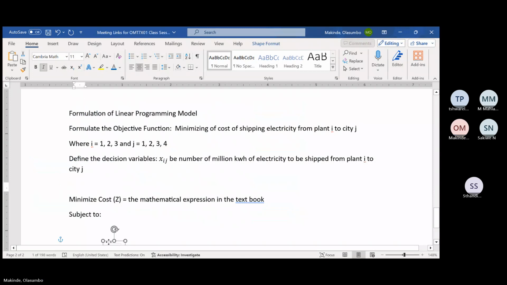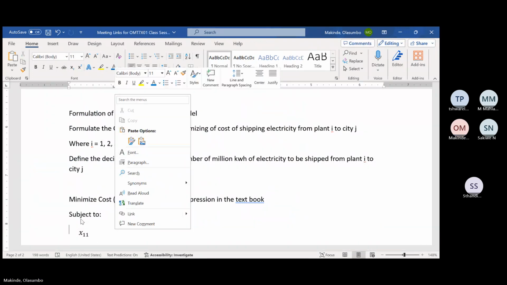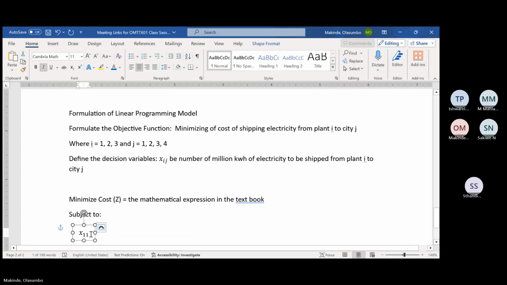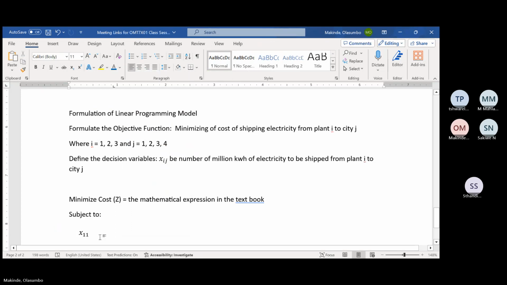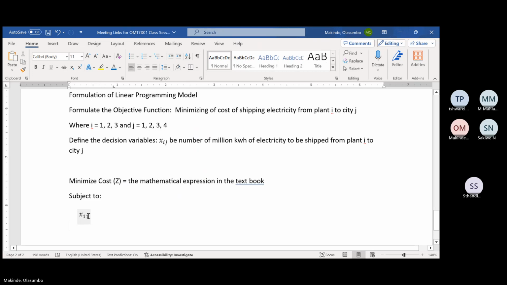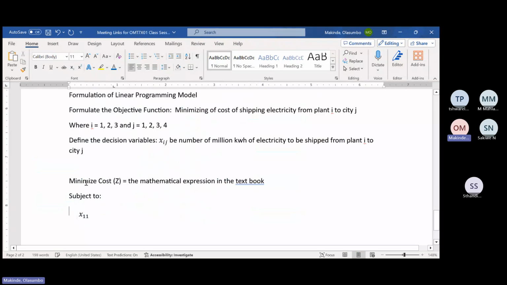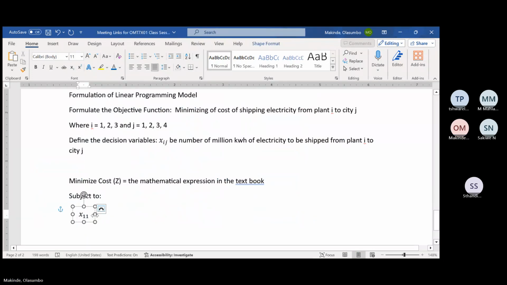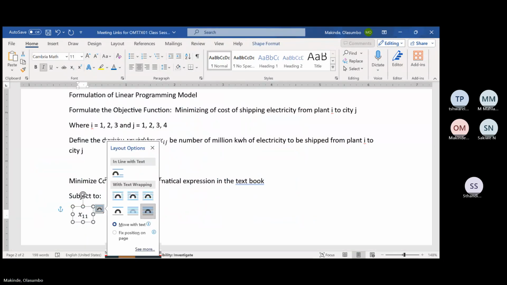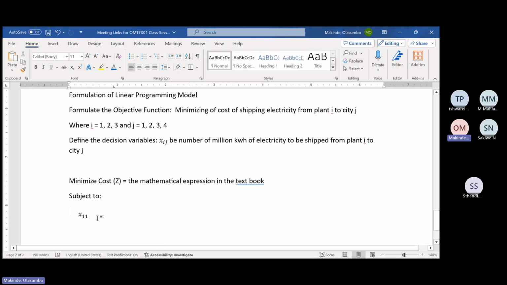Okay, is here. So I've got X11 plus... Don't know why this thing is messing up. Let me see.